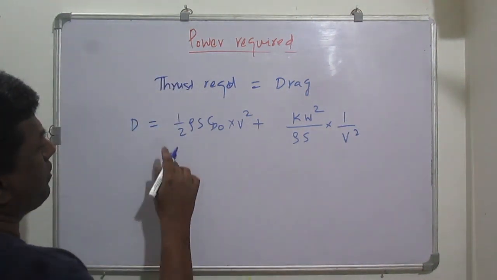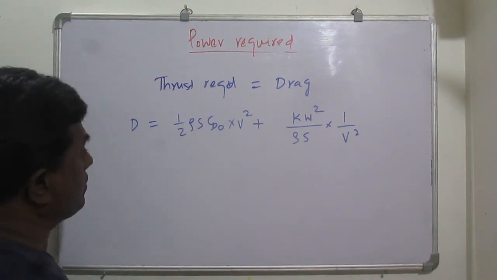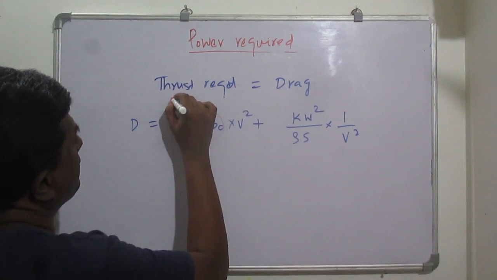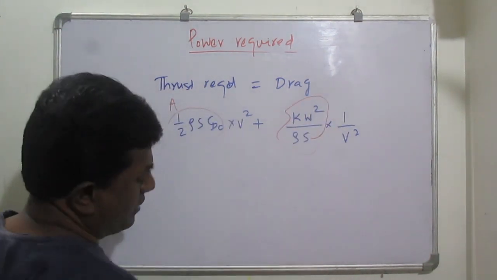Generally we take the first term as A, and the second term as B.